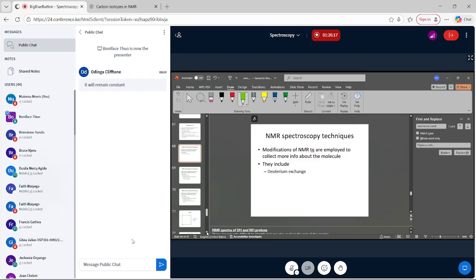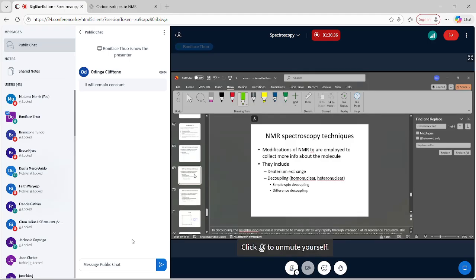Okay? So that is one way of confirming that you have an exchangeable proton within the molecule. An exchangeable proton means it's a hydrogen attached to either a nitrogen or an oxygen, most commonly, but also a sulfur in some cases.